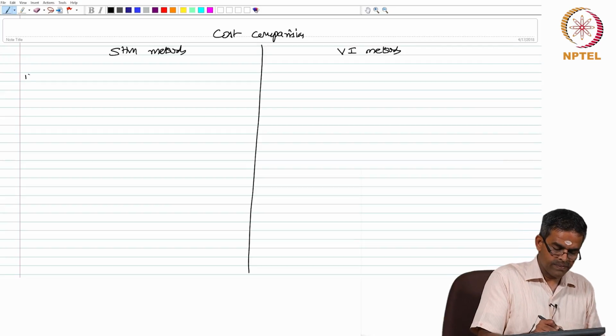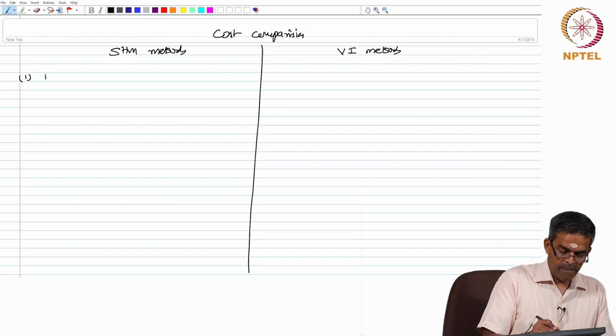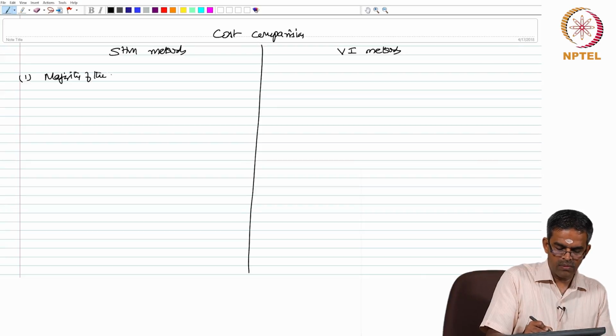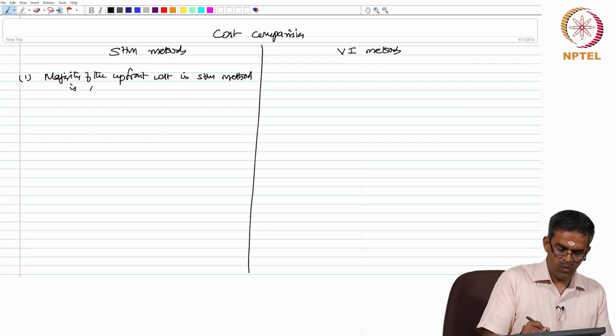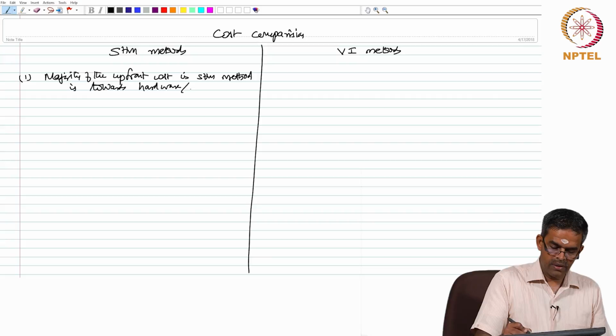Firstly, majority of the upfront cost in SHM method is towards hardware and software components.